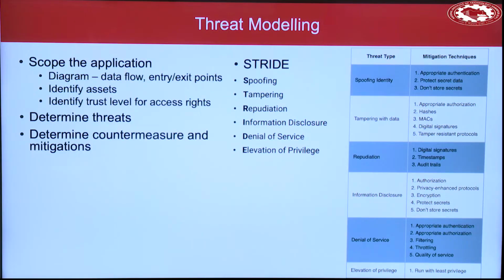Now, the third thing is repudiation. What is repudiation? The repudiation property simply says, let's say I'm sending a message to person X. If that person has received this message, he should not be able to deny that he received it. On the other hand, the sender should not be able to claim that they did not send it.